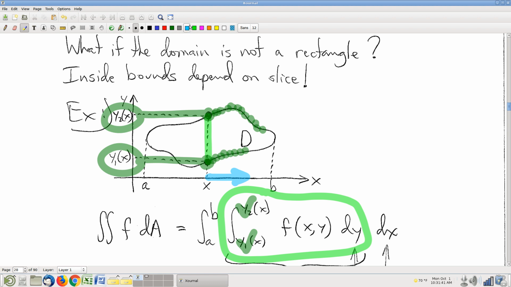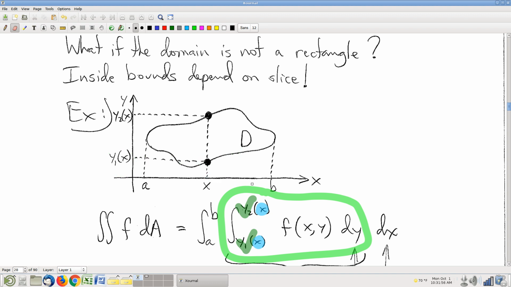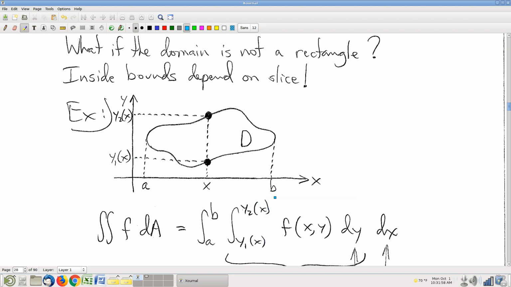So they are functions of x. That's the big punchline: if your domain's not a rectangle, then the inside bounds are functions of the outside variable. It's a nice little punchline. Specifically notice they're functions of the outside variable.